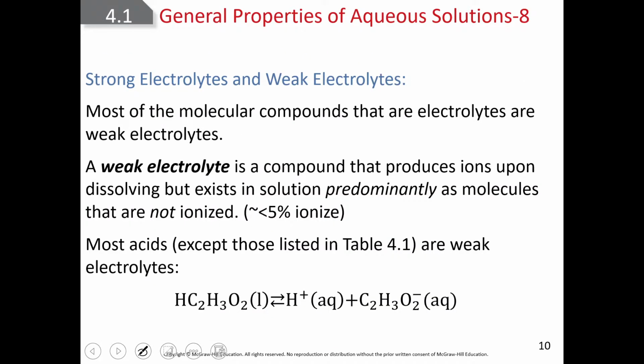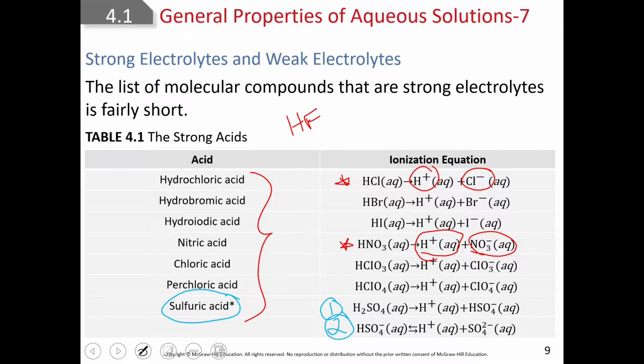Weak electrolytes are electrolytes, so ionic compounds, acids or bases, that ionize or dissociate relatively less, than about 5% of what's present. You'll notice in these examples of balanced chemical reactions, there's a single arrow in one direction.